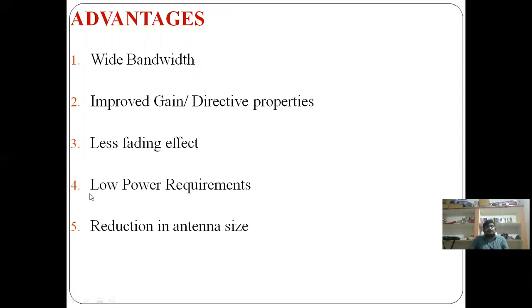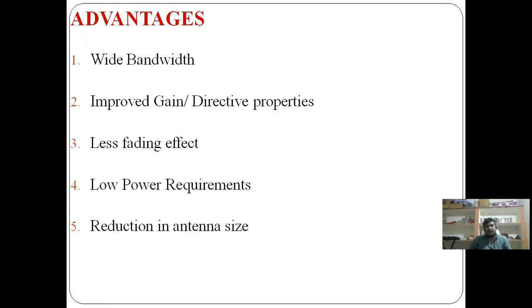That's the wide bandwidth. The second one is improved gain by directive properties. How do gain and directive properties increase? Consider an antenna such as a parabolic antenna or a helical antenna.